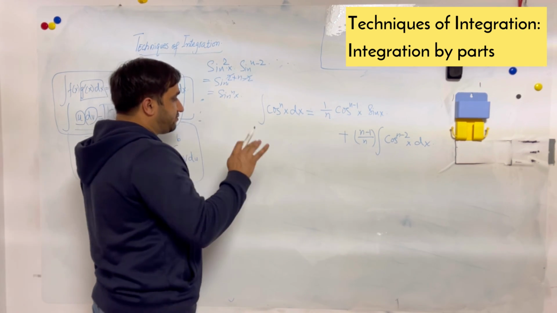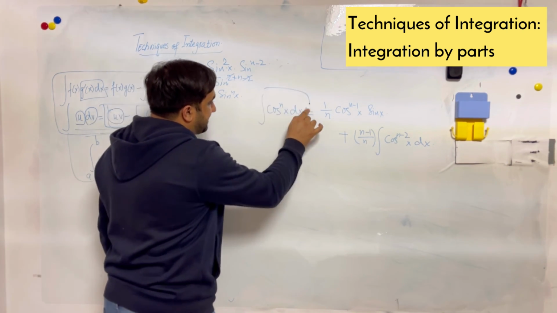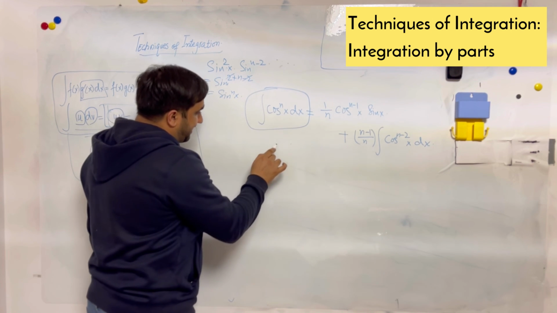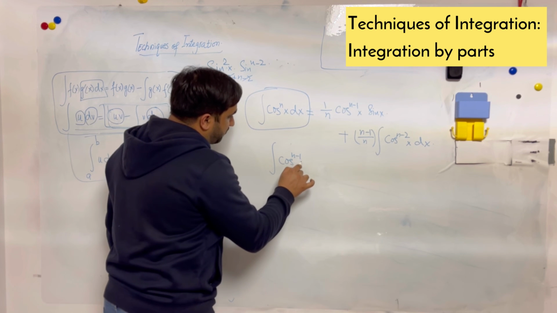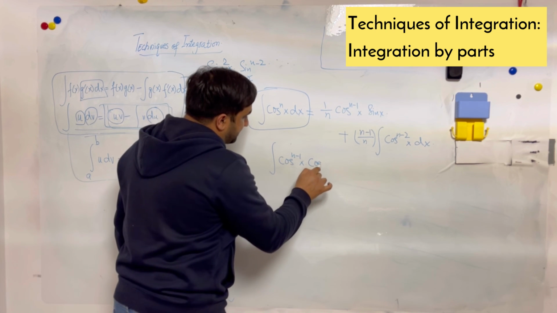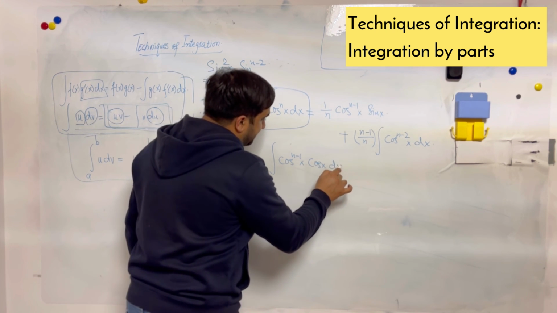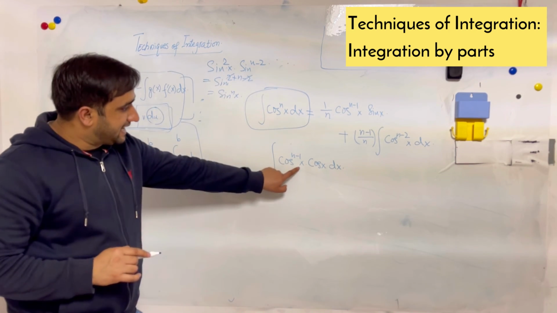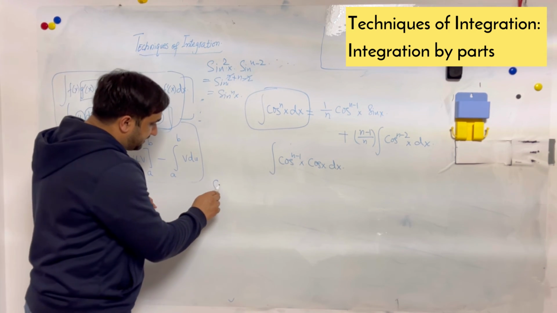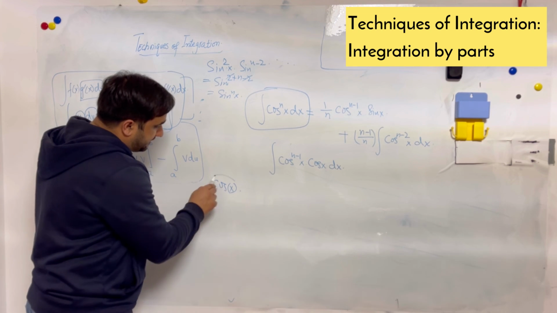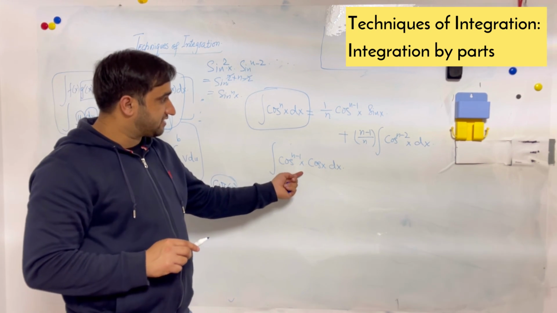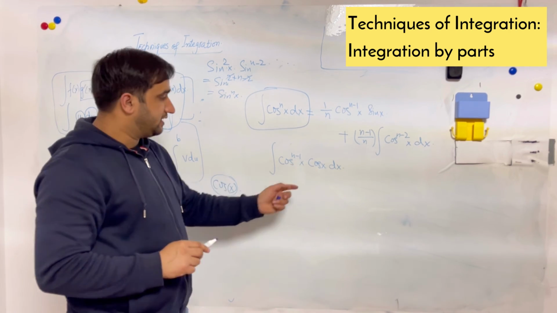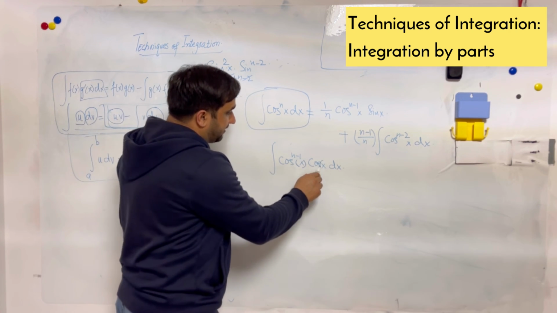What you have to do is simply take this left hand side and write it as cos raised to the power n minus 1 x and a simple cos x and a dx. These x are actually the angle.